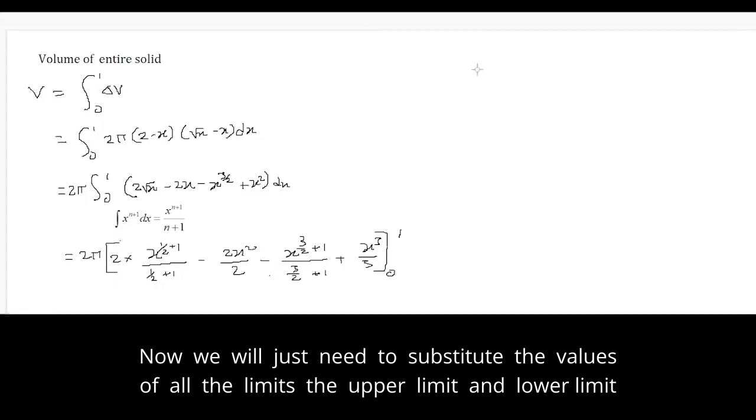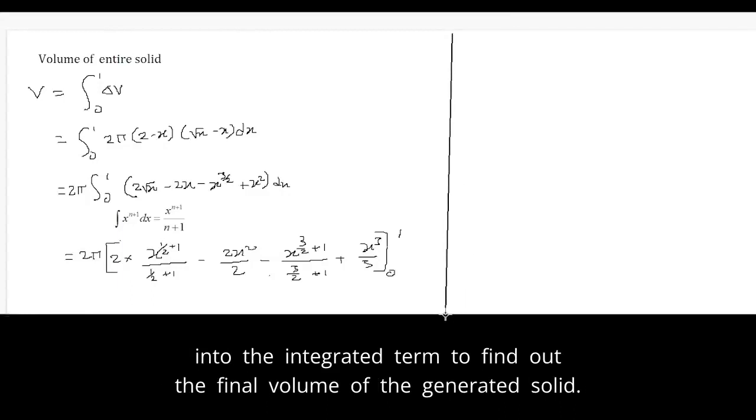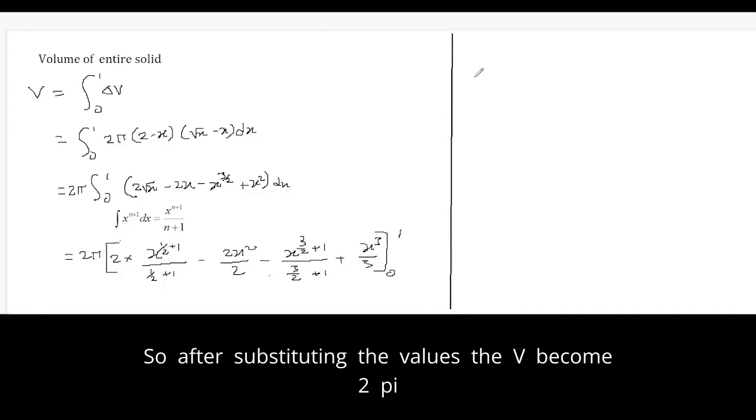Now we need to substitute the values of the upper limit and lower limit into the integrated term to find the final volume of the generated solid. So after substituting the values, V becomes 2 pi.